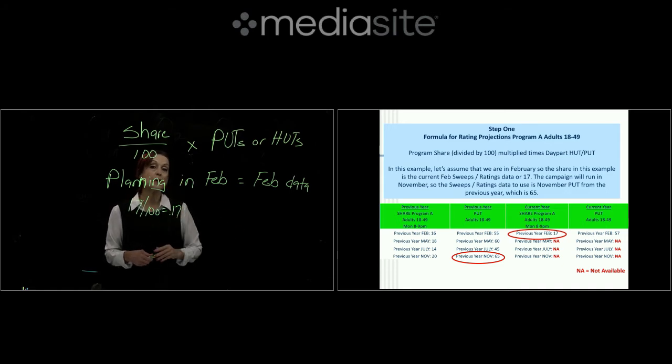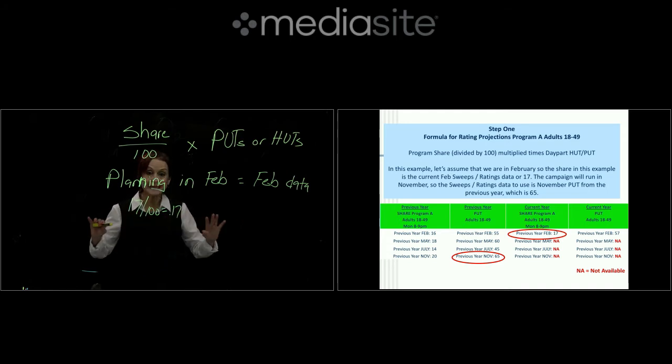The second number that you need and look at is PUT, or people using television during Monday 8 to 9. If you're planning a campaign for the November future, you have to look at November of the previous year. Remember that PUT is all the adults 18 to 49 watching Monday 8 to 9 the previous year during the month of November.